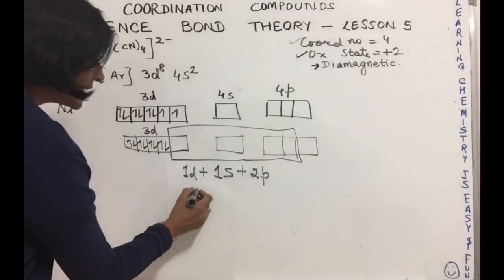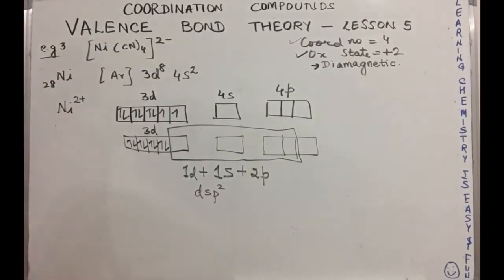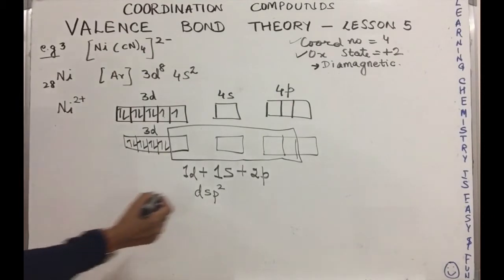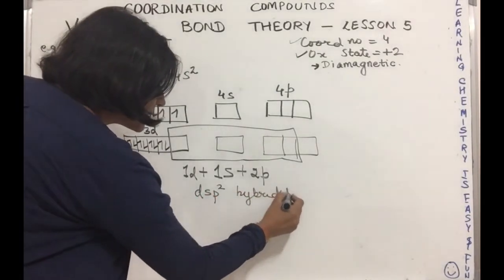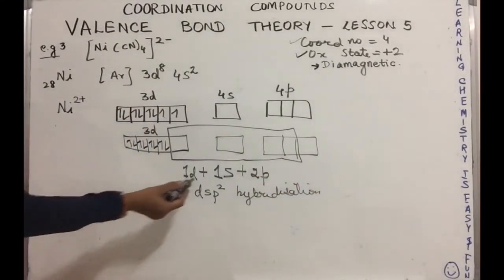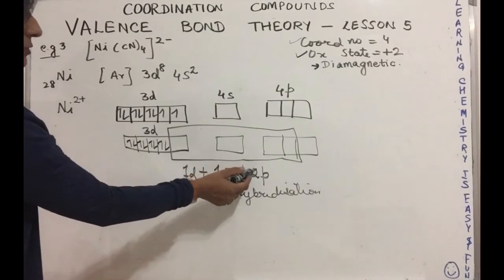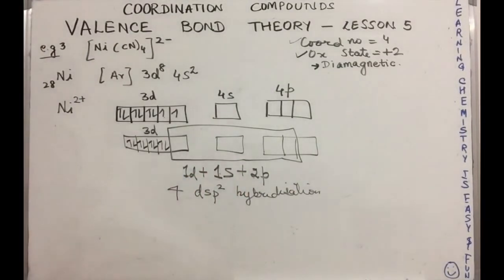Hence, the name of the hybridized orbitals will be dsp2 hybrid orbitals. How many of these will be there? 1, 2, 3 and 4. So total 4 dsp2 hybrid orbitals.